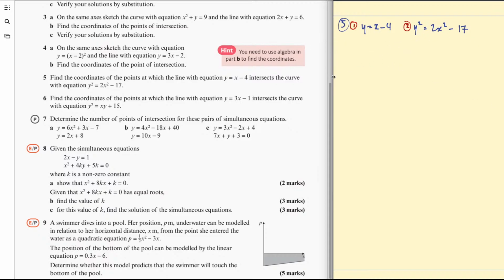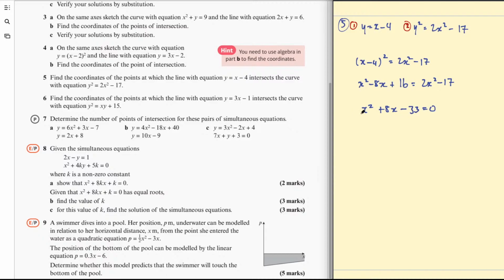So taking equation 2, we would get x take 4 all squared equal to 2x squared take 17. And then x squared take 8x plus 16 equal to 2x squared take 17. And then x squared plus 8x take 33 equal to 0. No, this has solutions.